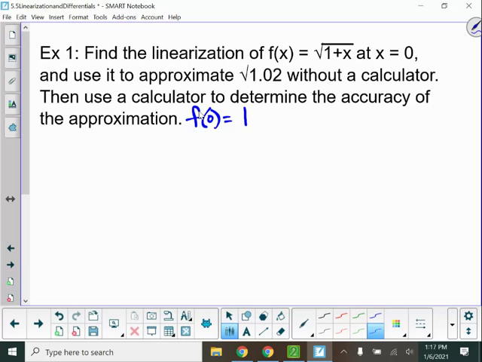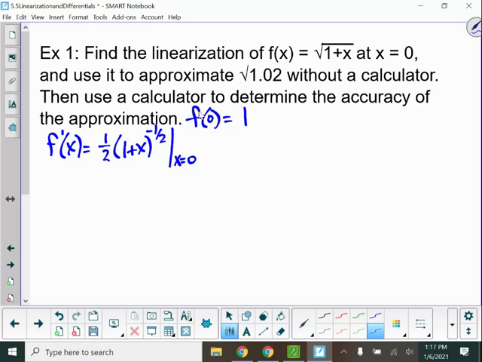The next thing that we have to do is actually find the derivative. Our derivative here is going to be 1/2 times (1 plus x) to the negative 1/2 power. And then I have to plug in my a value. So I'm plugging in 0 again. I'm going to have 1 plus 0, which is 1, to the negative 1/2 power.